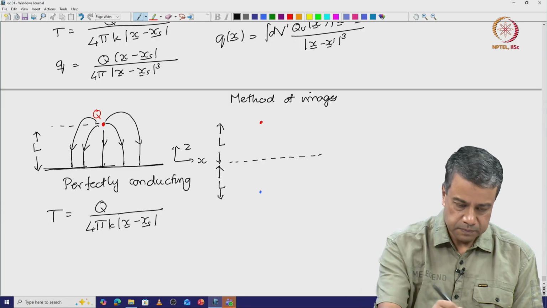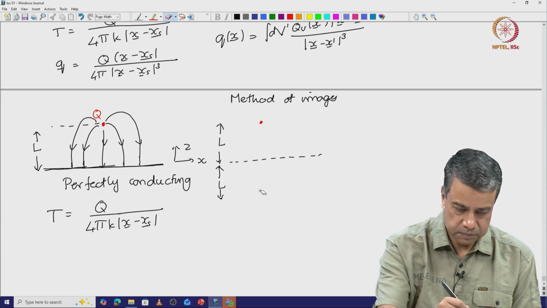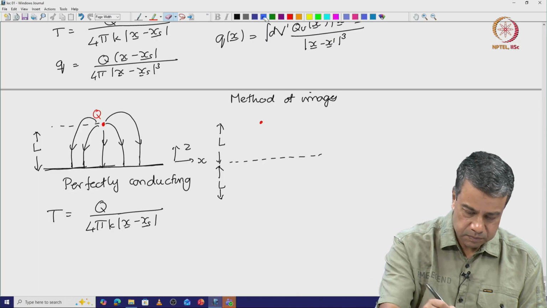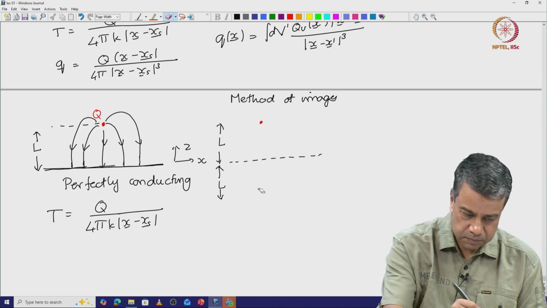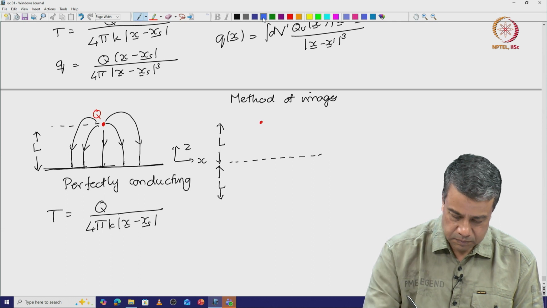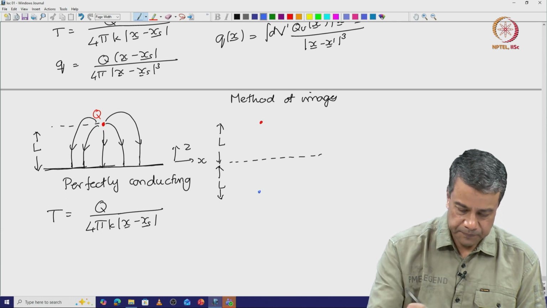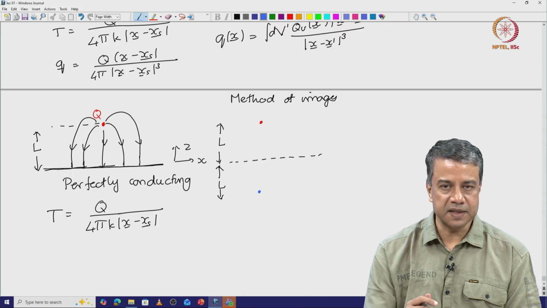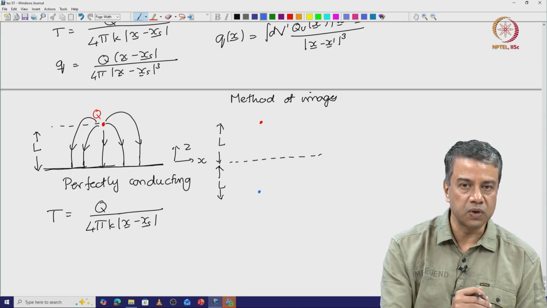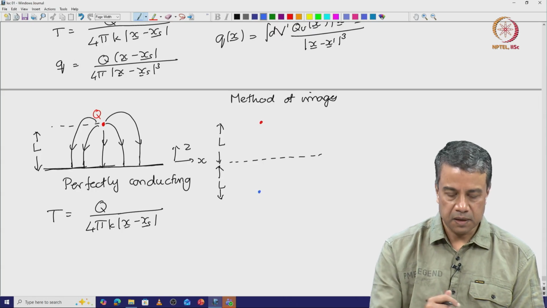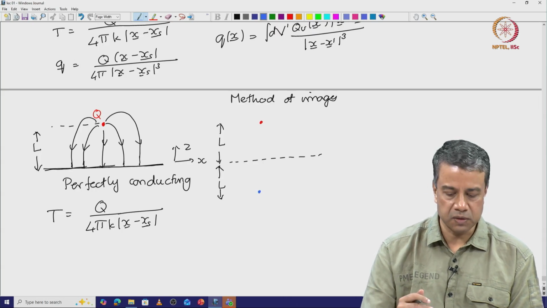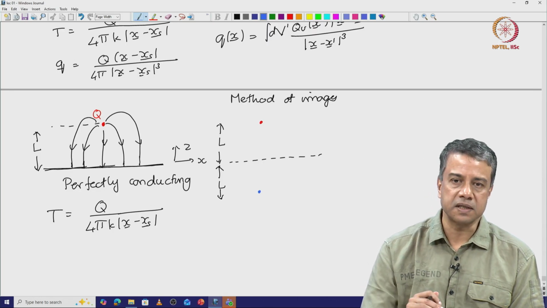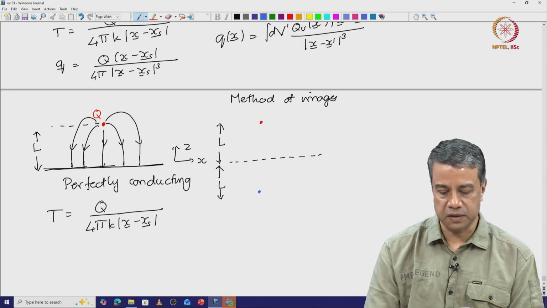So, you are replacing a physical boundary with a source near it by no boundary, but a source and a sink, placed symmetrically about the location where the boundary is in the physical domain.